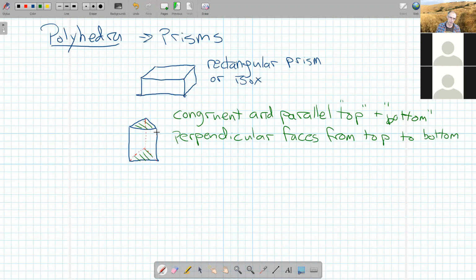So this face that we're seeing out front here meets at a right angle with the bottom face, and same thing at the top. It meets at a right angle with the top face.